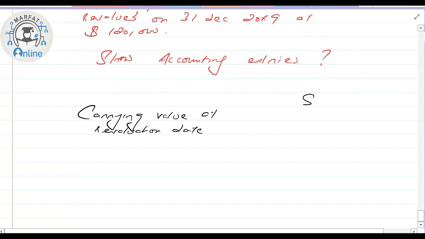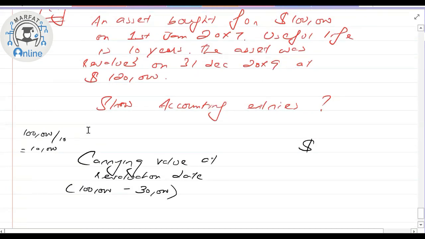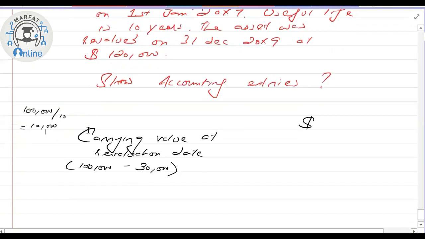Now how can we calculate the carrying value? 100,000 minus 30,000. Now where is this 30,000 coming from? Because the 100,000 is the cost, and useful life is 10 years, so per year depreciation is 10,000. So for 20x7, 20x8, and 20x9, because we are doing revaluation in 20x9, after 3 years, the carrying value is 70,000.